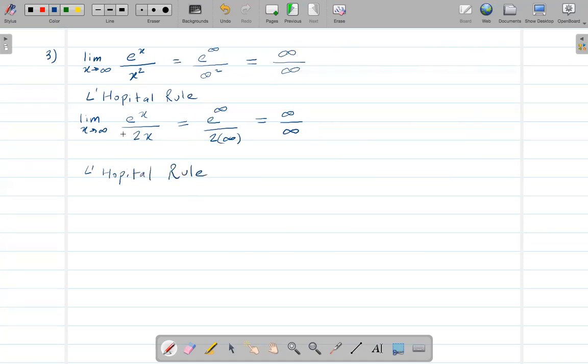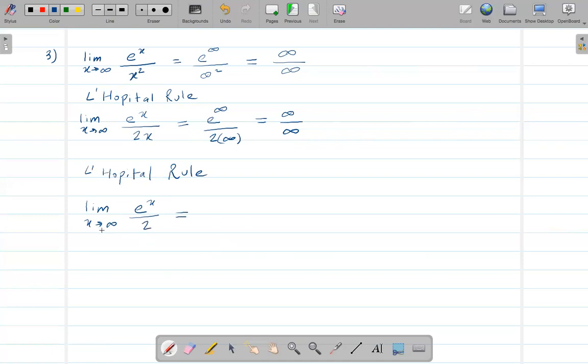Again, I need to take the derivative of the top and the derivative of the bottom. As x goes to infinity, the derivative of the top is, again, e to the power x. The derivative of 2x is 2.